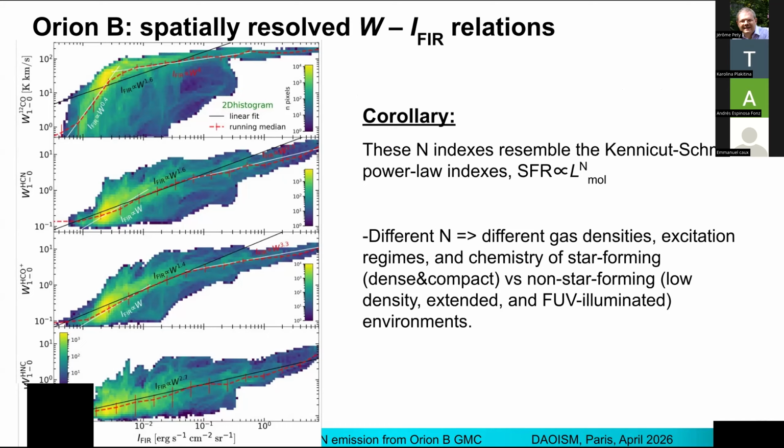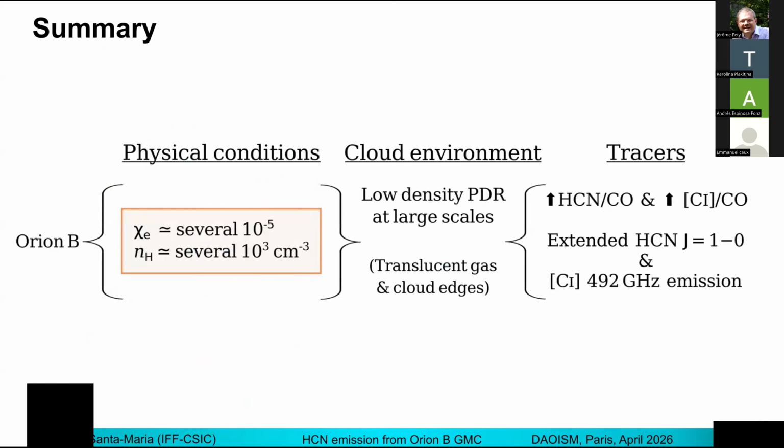So these points are mostly related with NGC 2024, that is the brightest HII region and extended, and they have different conditions from the non-star forming environments, which have lower density and lower far ultraviolet illumination, which would be the sublinear relation here. So this I can leave here as my summary and my view of Orion-B from the HCN point of view.